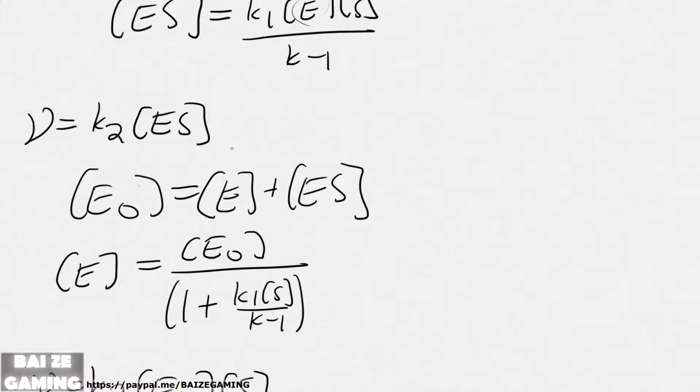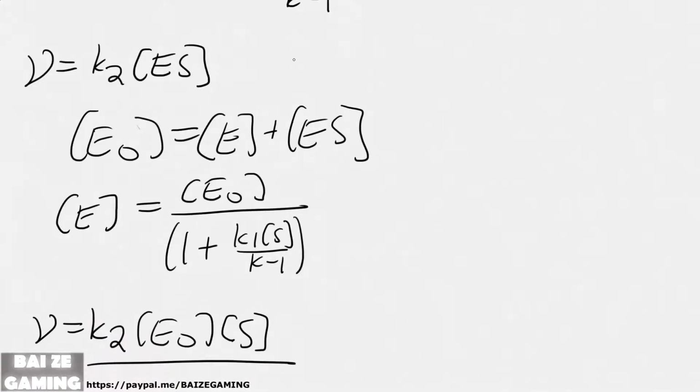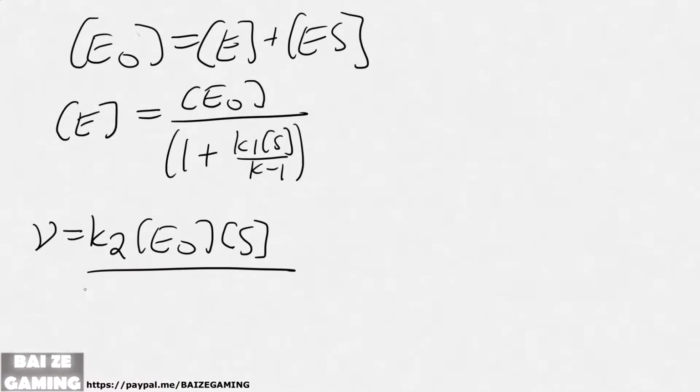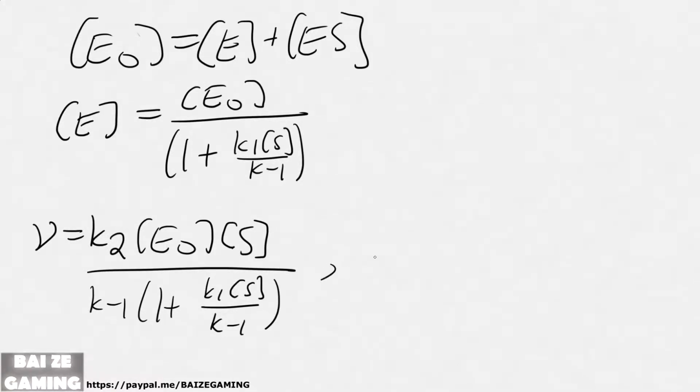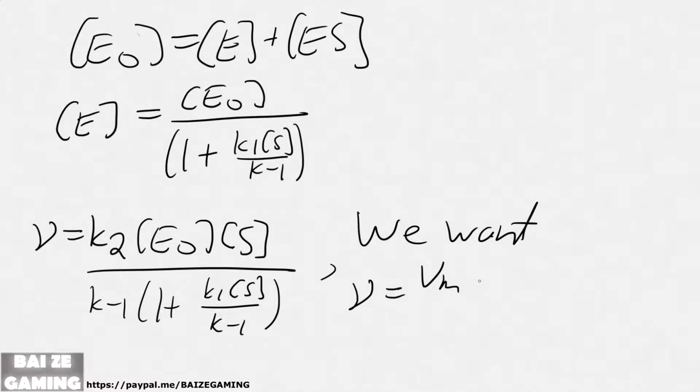Let's make sure everything else is good. ES is negative 1 there. And we want this form. We want V equals V max S over, we want the Michaelis Menten form.